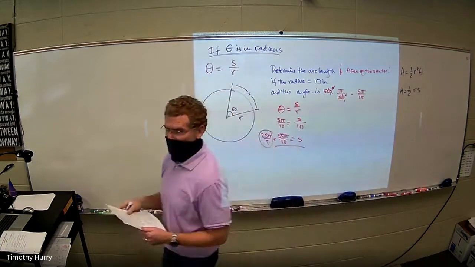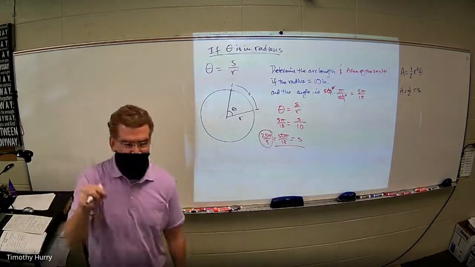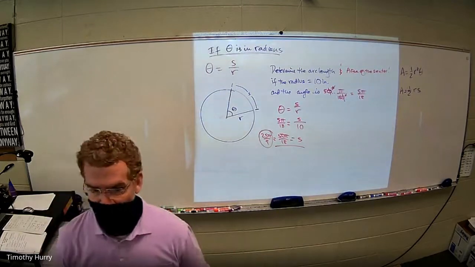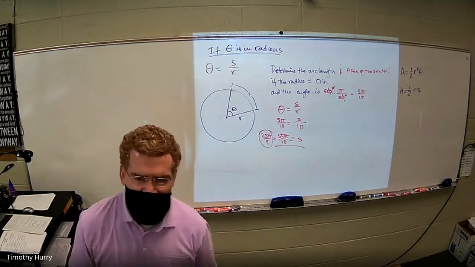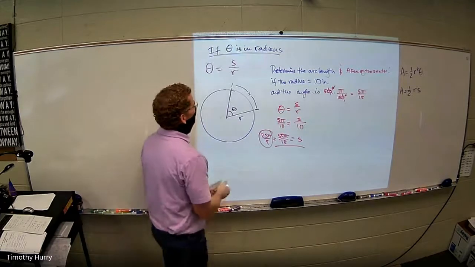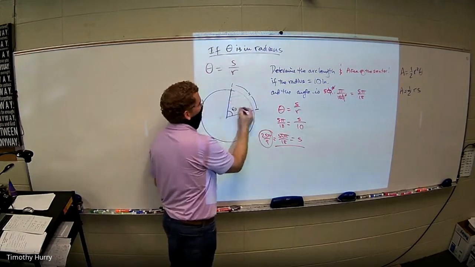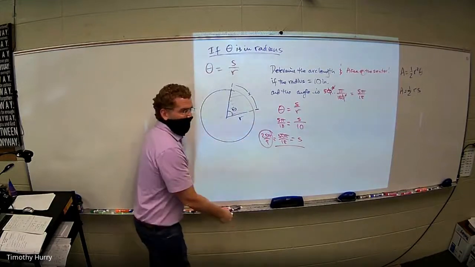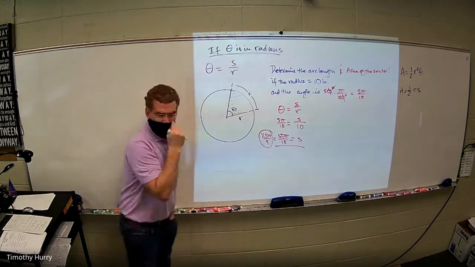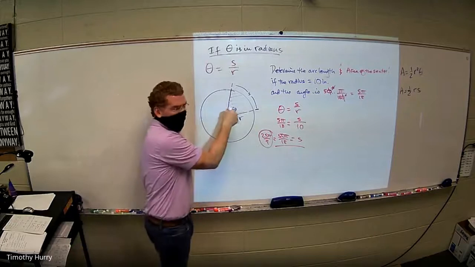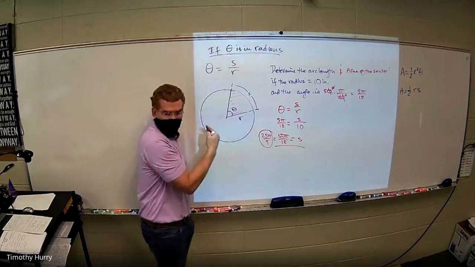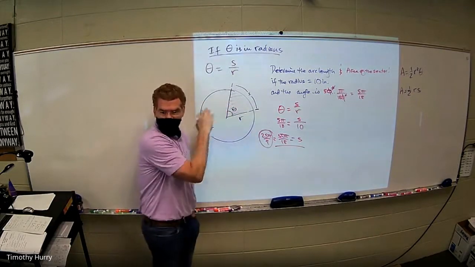And again, if you use the 1/2 r squared theta, you've got to use what for theta? Radians. But I'm thinking this. If I want to know this area right here, can I find the area of the whole thing? And isn't that part a percentage or a fraction of the area of the whole thing?